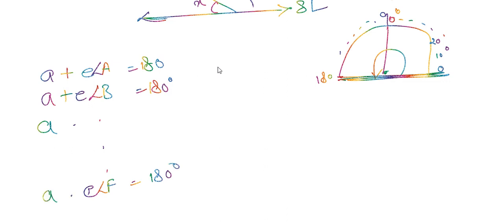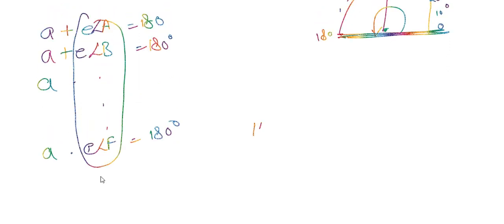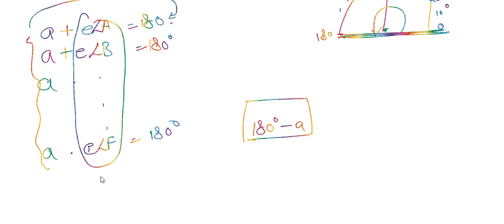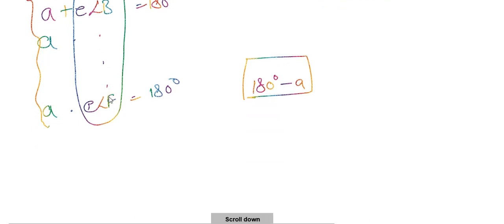Clear enough? So I can rewrite each exterior angle as 180 degrees minus A, since A is equal for all angles in a regular polygon.